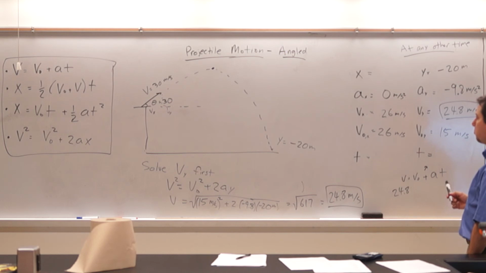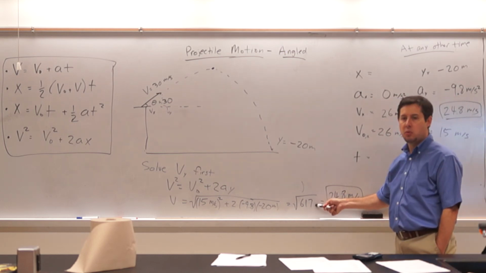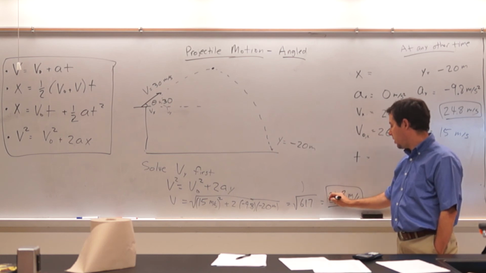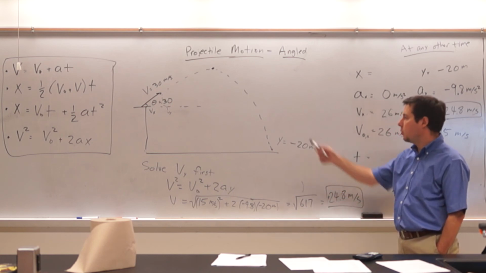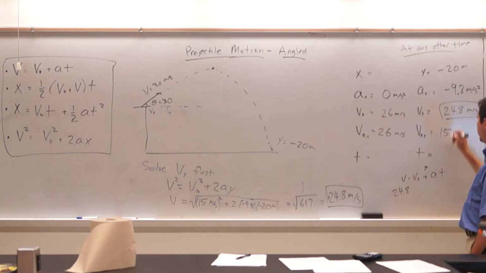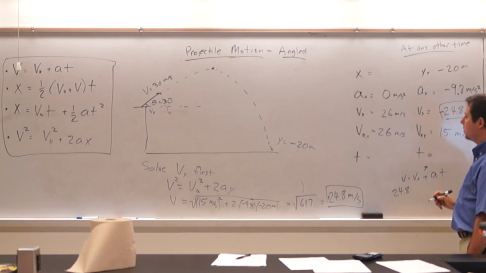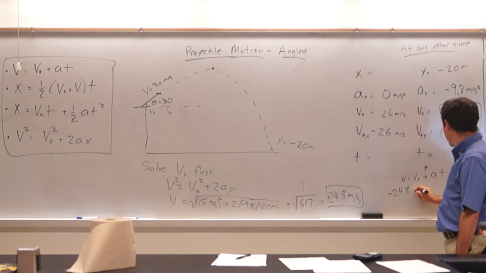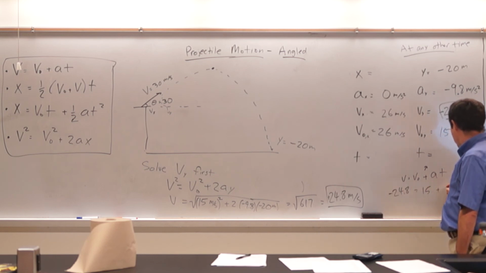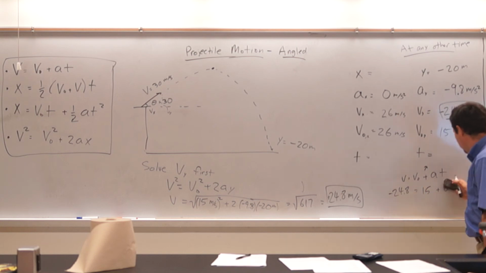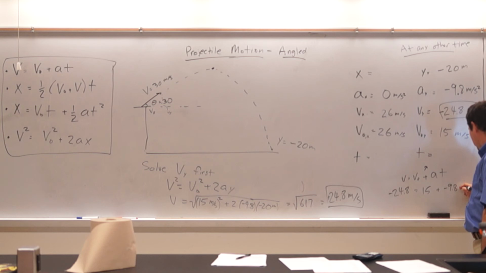Now there's a problem here that when you took the square root of this, keep in mind it can be positive or negative, but we look at it, it's hitting, it's got to be hitting in the negative direction. So that velocity's got to be negative. So negative 24.8 equals 15 plus your acceleration of negative 9.8 times time.